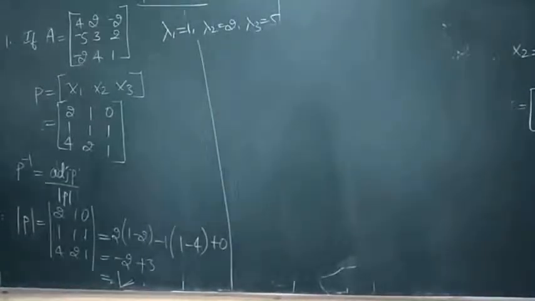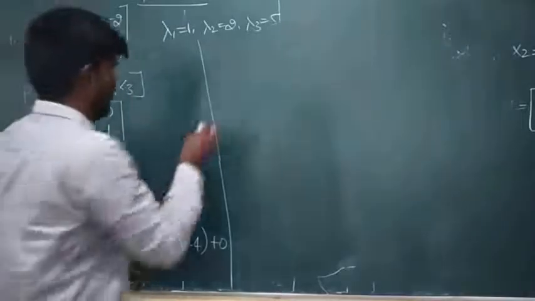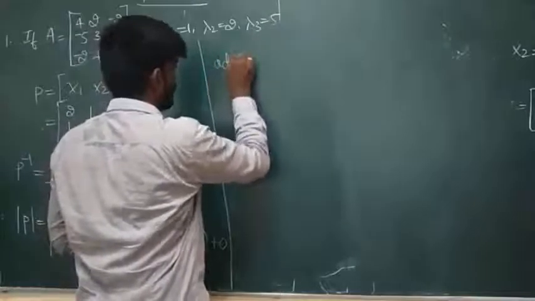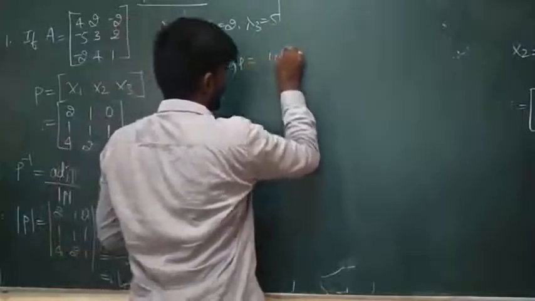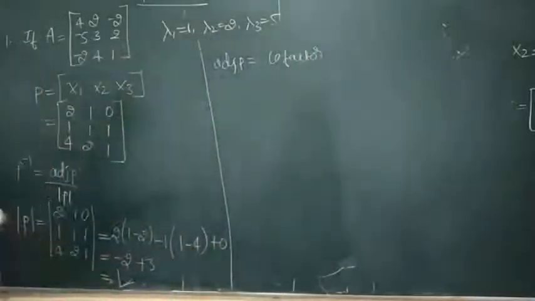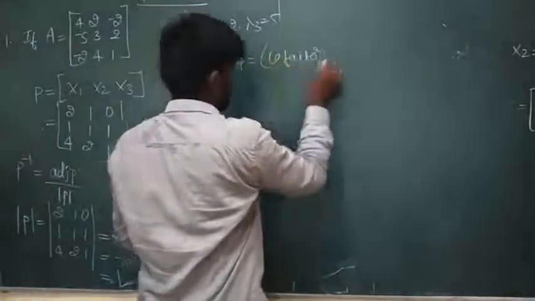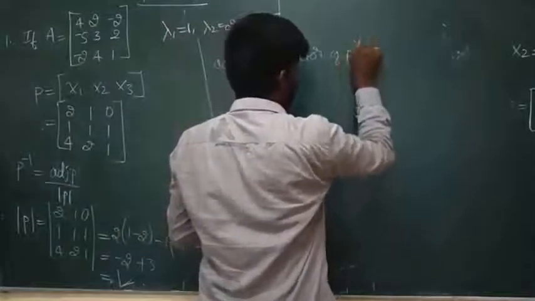Now, to find the adjoint matrix of P, we have the formula: adjoint of P equals the cofactor of the elements of P, and the transpose of that matrix.